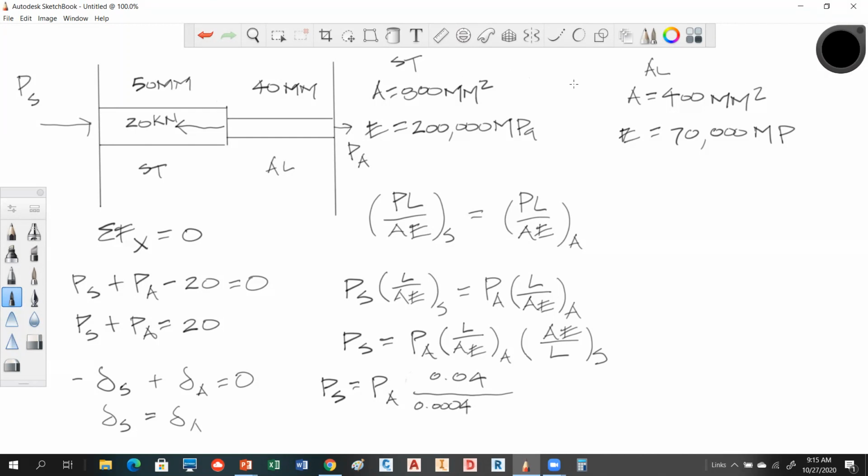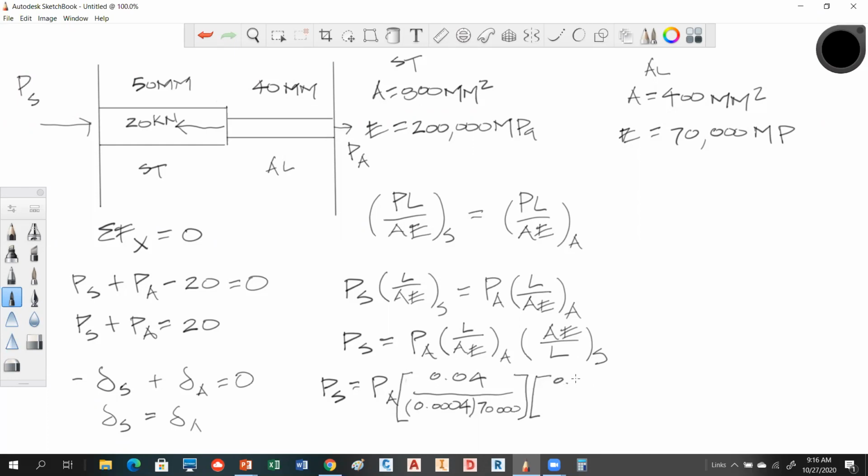and then the aluminum has a modulus of 70 gigapascals, so I'm going to multiply that by 70,000 megapascals. So this guy right here then gets multiplied by A over E. So A of this is 800 divided by 1,000 squared, because again I'm converting the millimeter area into a meter area.